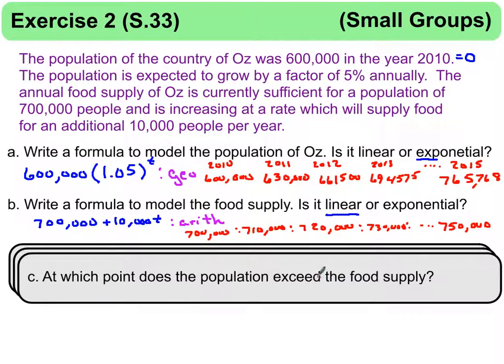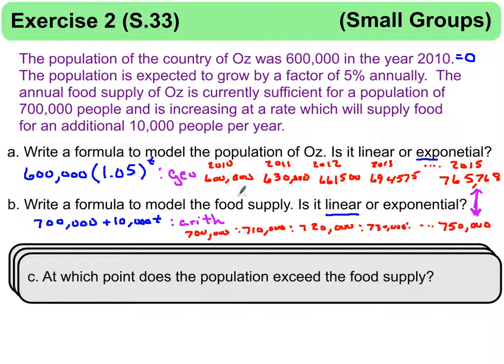At what point does the population exceed the food supply? If we look at the year 2015, the population versus the food supply, 2015 is going to be the first year that we look at that the population is larger than the food supply.